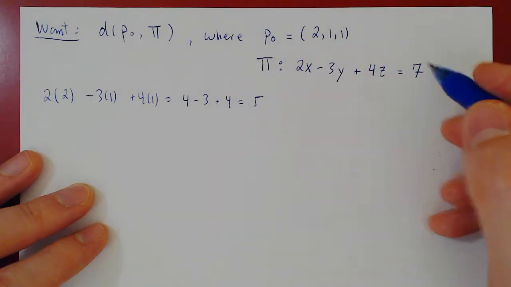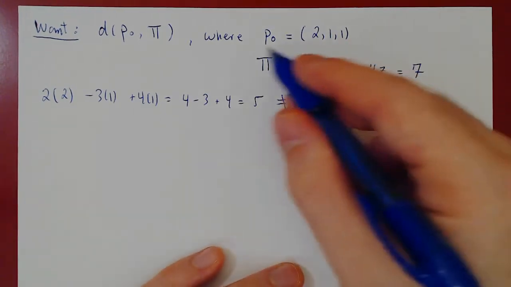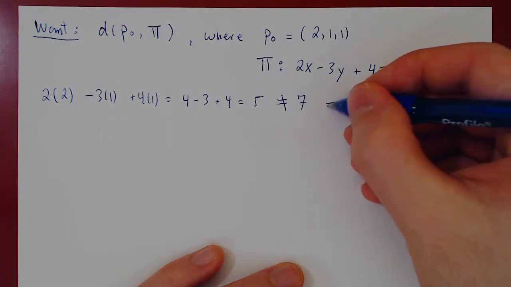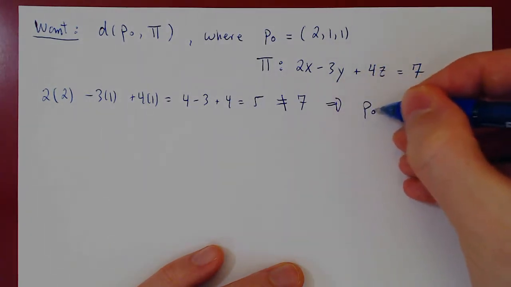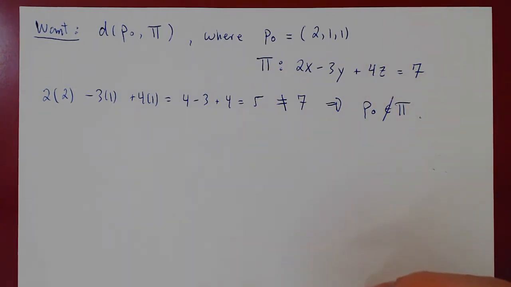And as we can see, 5 is not equal to 7. So because this point does not satisfy the equation of the plane, automatically the point P naught is not on the plane. So what we have here is a non-trivial question. We will have a positive distance.